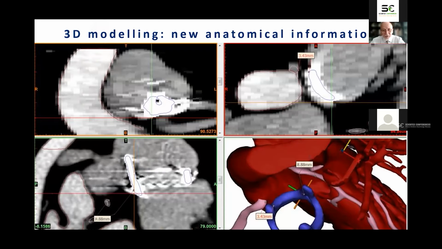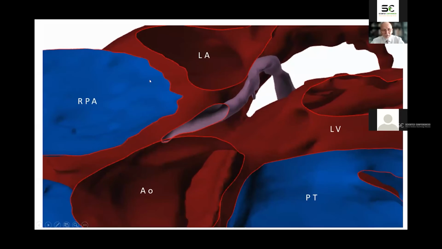So we looked into the model to see how the left main coronary artery is related to the prosthetic valve, nicely seen here in blue. You can see it's almost 1 centimeter above. So that ruled out that this prosthesis has anything to do with it. But when we looked carefully at the model, we could see the right pulmonary artery actually compressing the origin of the left main coronary artery.